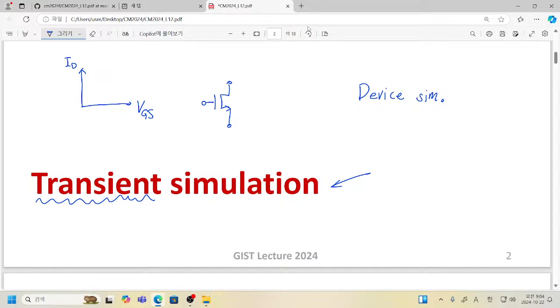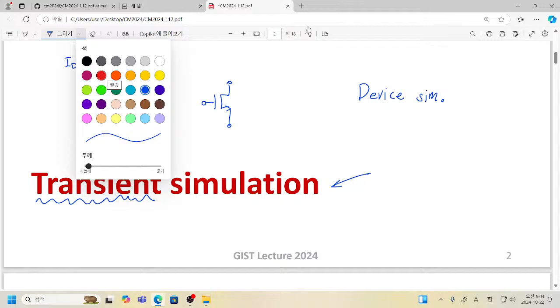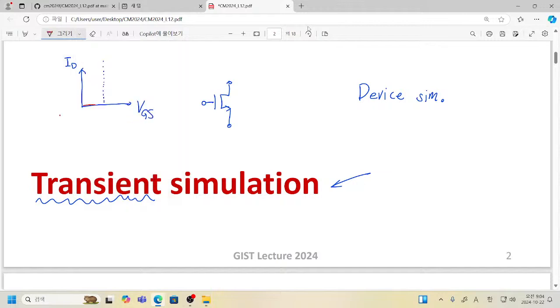Then you will have certain behavior. If you have sufficiently low gate voltage, then your current would be quite small. And once you have sufficiently high gate voltage, then you will have a drain current which is really meaningful.